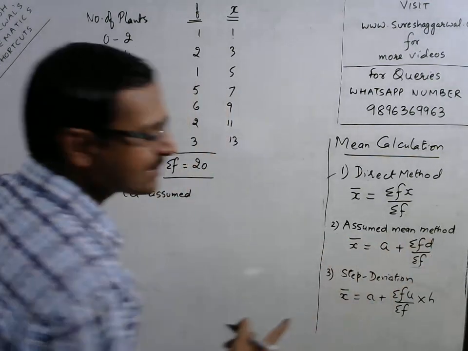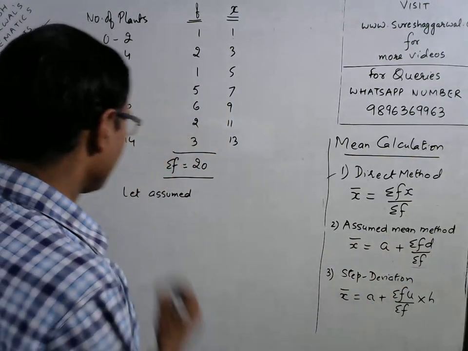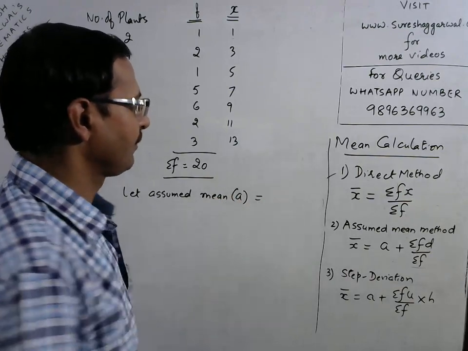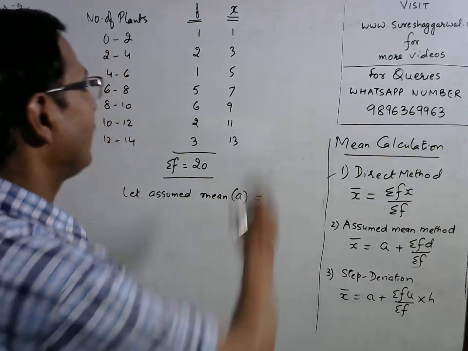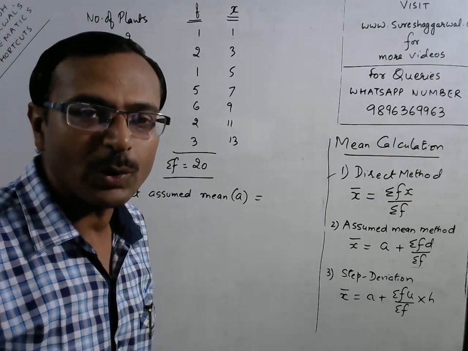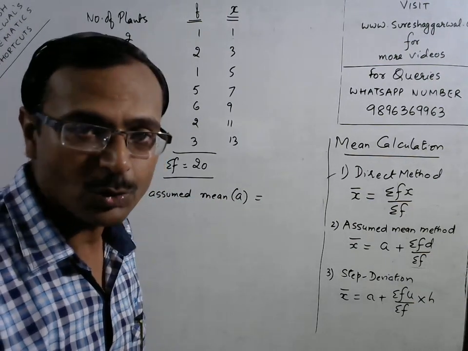This method itself is the assumed mean method. So let the assumed mean be denoted by small a. Now from this column of x, we have to assume a mean.